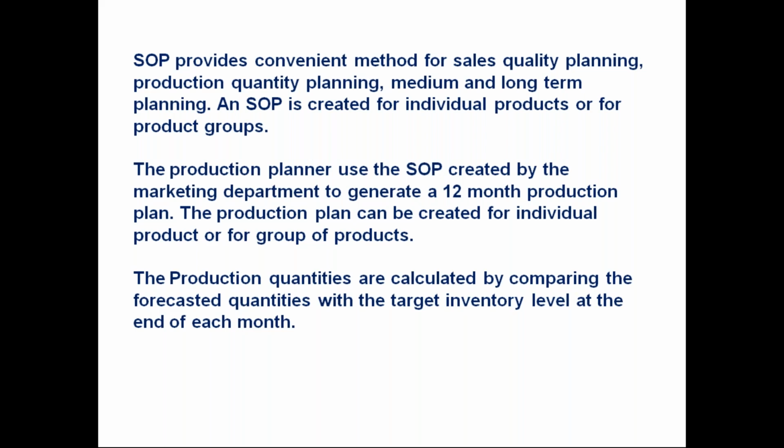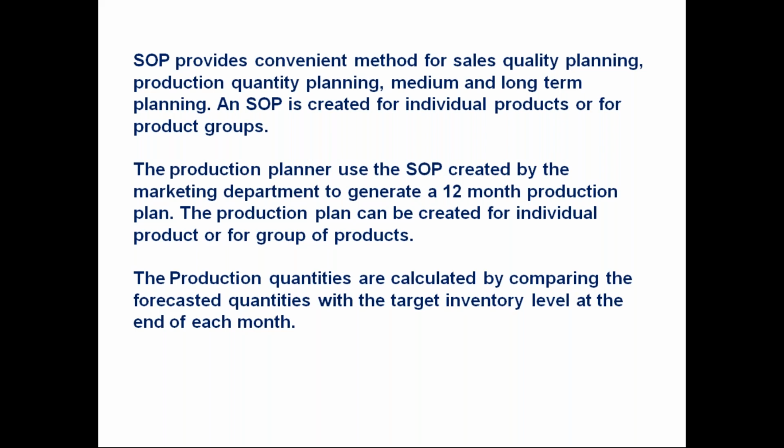And one more thing, yesterday we have taken only one finished product, and this sales and operation planning can be done either for an individual product or for a group of products as per the sales and market demand in the market.